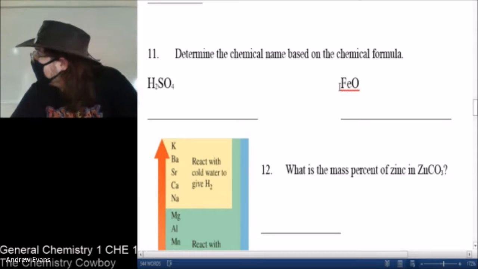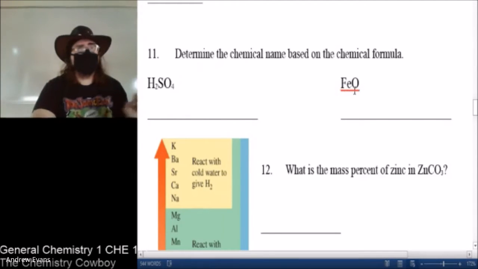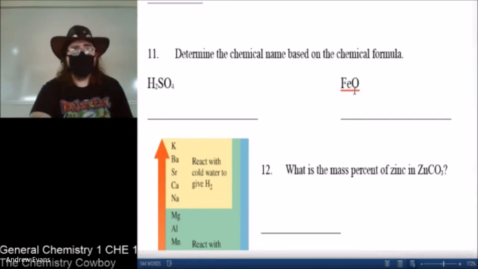Now this one, this is a metal and a non-metal. So iron oxide, but iron happens to be a transition metal. It's not zinc, it's not silver, it's not aluminum, so it's not one of the always one state. It could be two possible states, sometimes more.